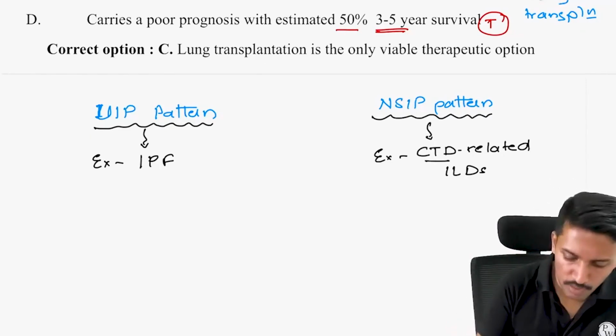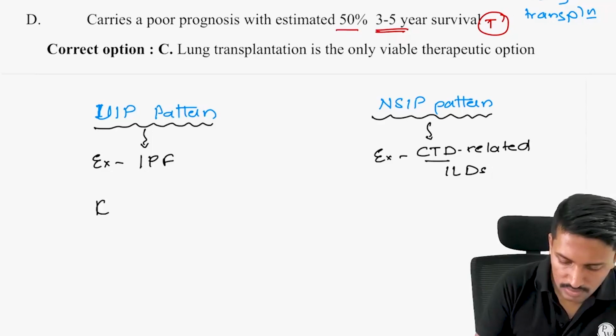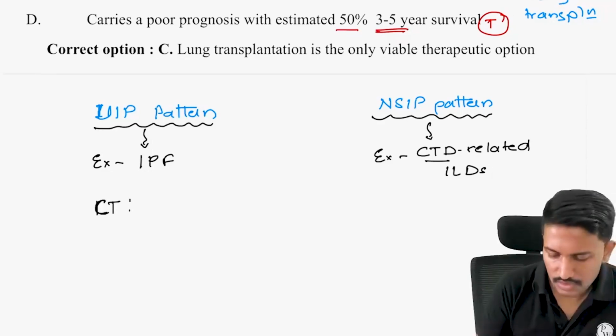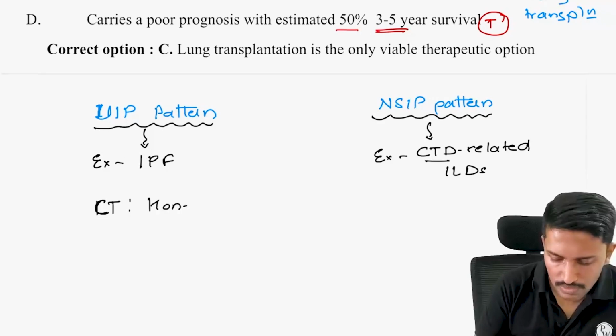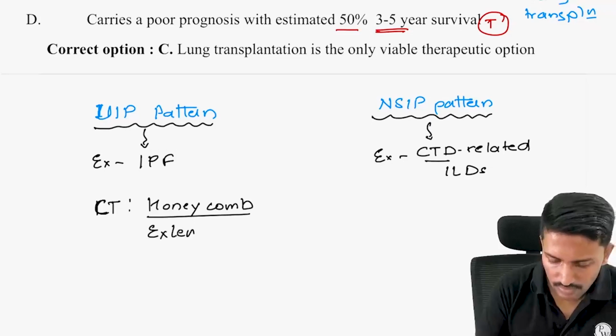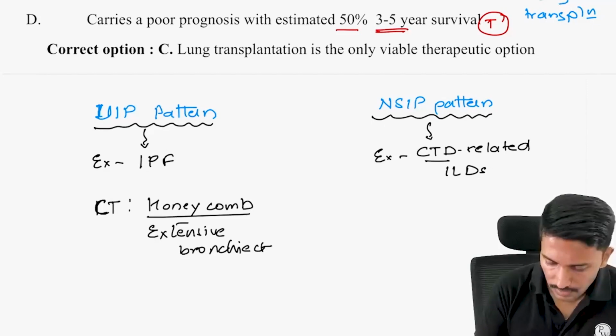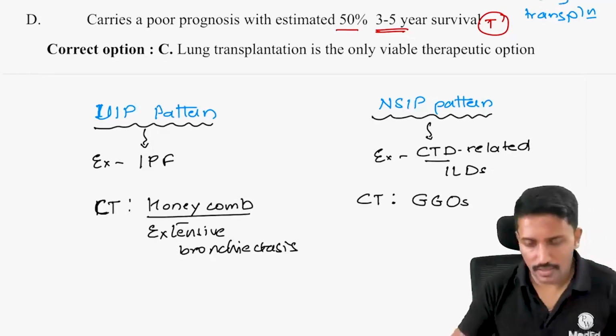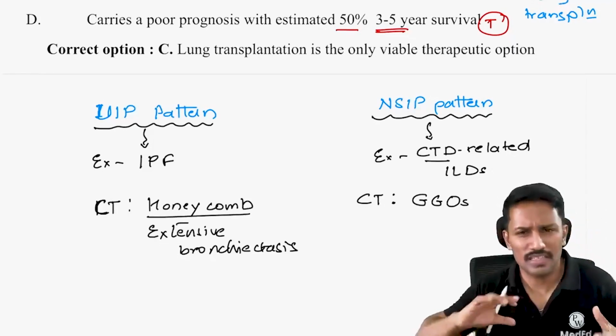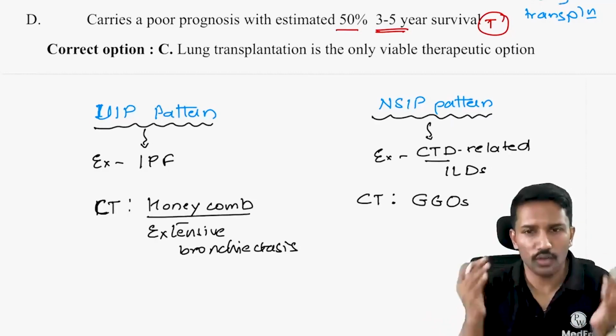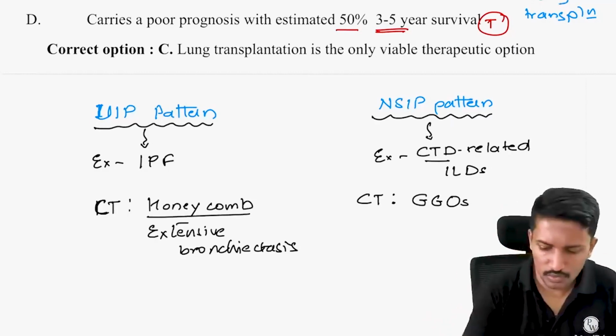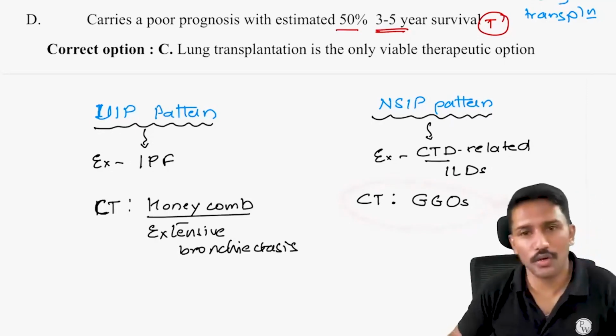Now, typically in the UIP pattern, on the high resolution chest CT, we will see honeycomb changes. That is because of the extensive bronchiectasis. And in patients with the NSIP pattern, we get ground glass opacities. Now you tell me, when I say extensive bronchiectasis, severe distortion of the lung architecture making it look like a honeycomb, would that have a better prognosis, or something which looks like pneumonia would have a better prognosis?